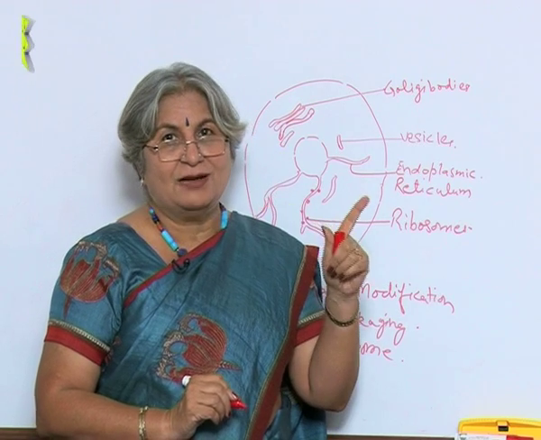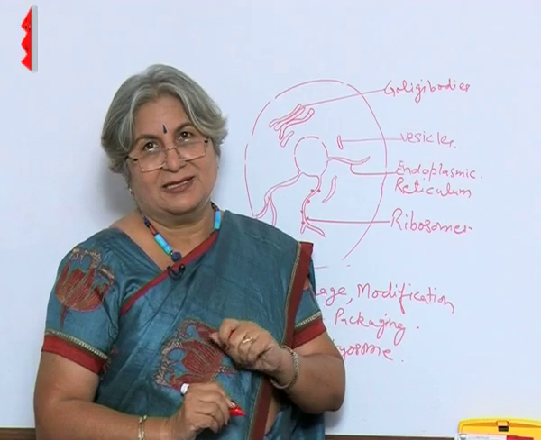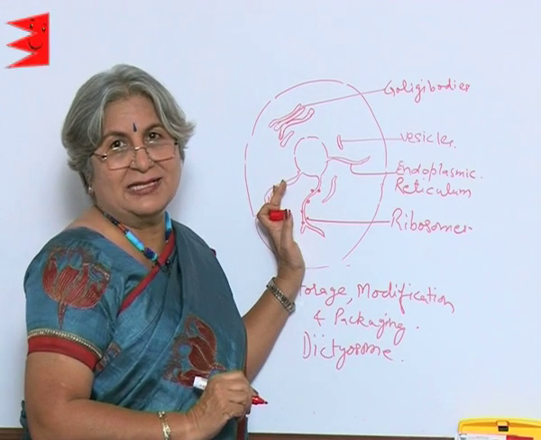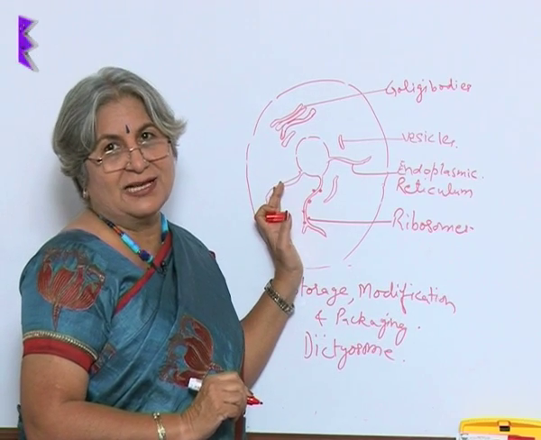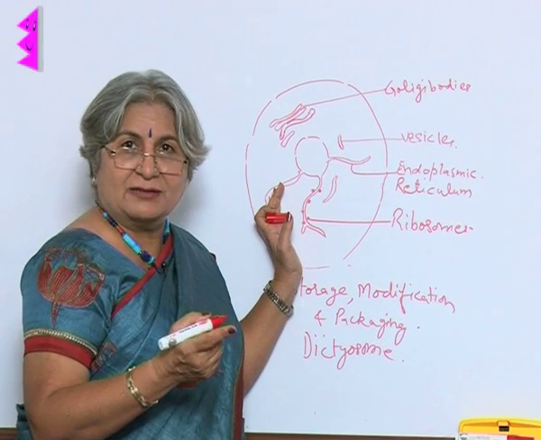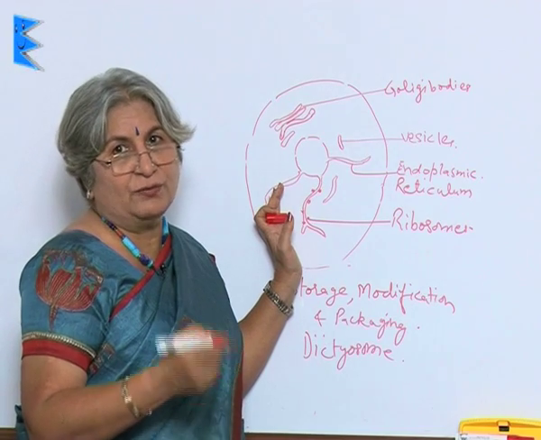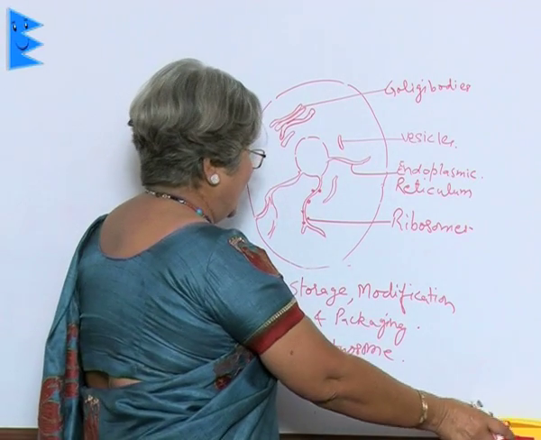First was cell wall absent in animal cells, present in plant cells. Secondly, plant cells have dictyosomes, but animal cells have Golgi bodies. Now, there are some organelles which are common to both. The next one that I am going to do is common to both, and that is lysosomes.